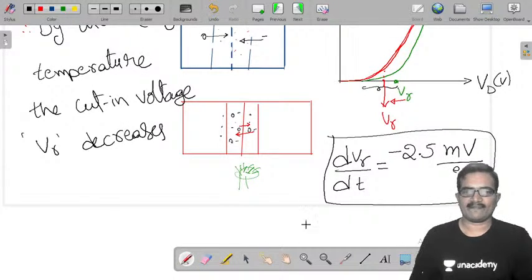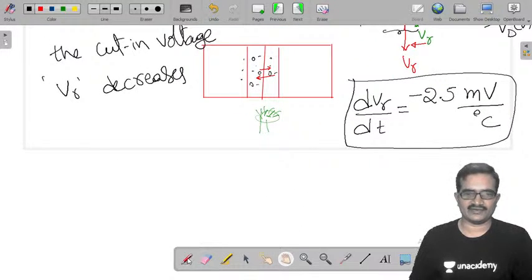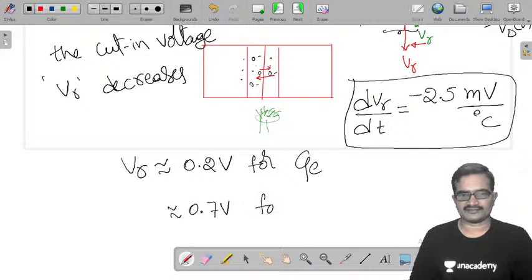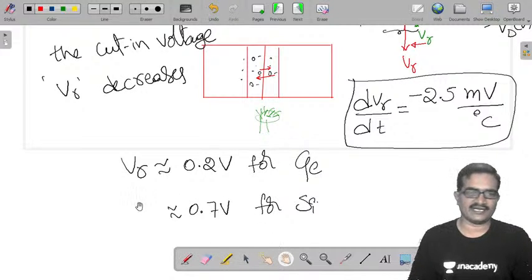And one more thing, this Vγ value is approximately 0.2 volts for germanium and 0.7 volts for silicon. If you observe, the practical default diode that we are using is silicon.